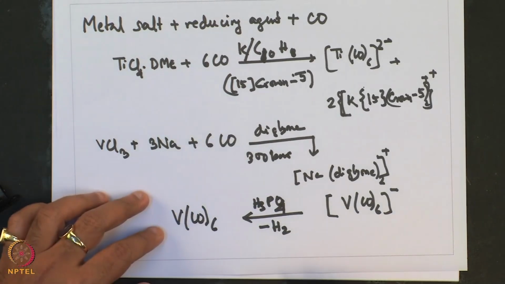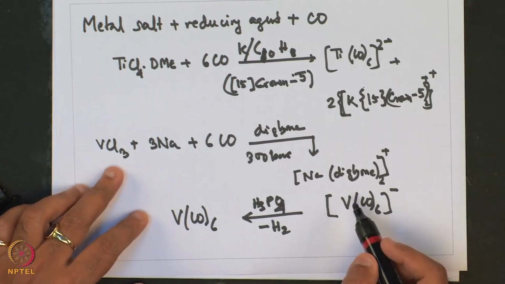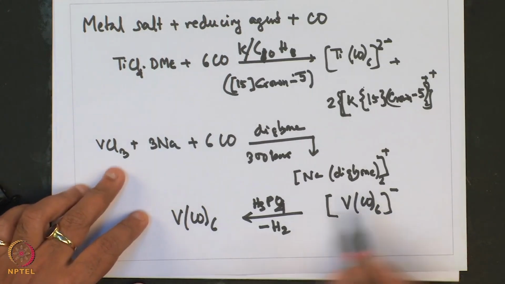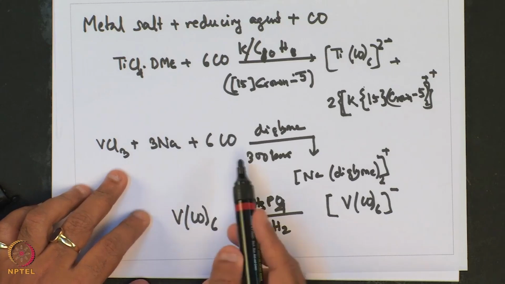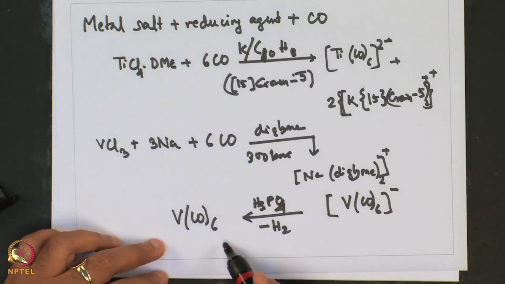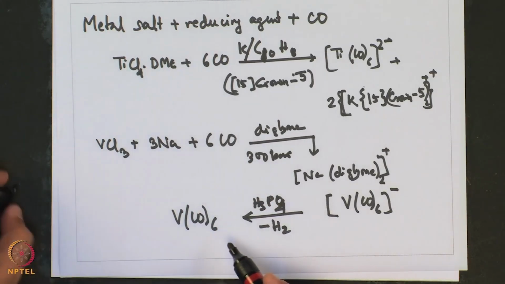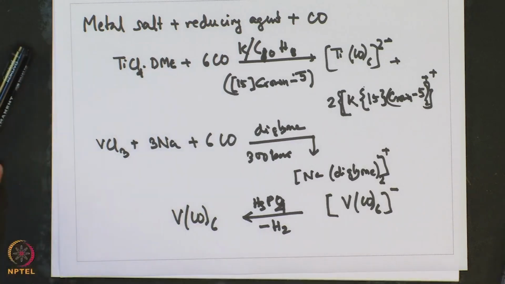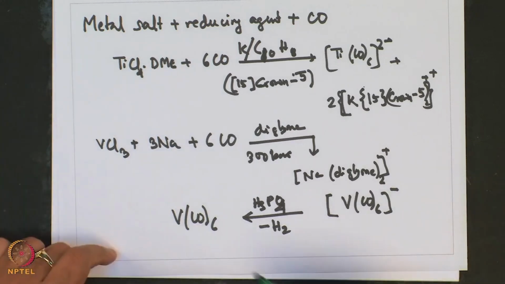So, here too we see that this vanadium trichloride in presence of a reducing agent, sodium, and carbonyl compound gives vanadium carbonyl compound, where the oxidation state of vanadium has reached 0.